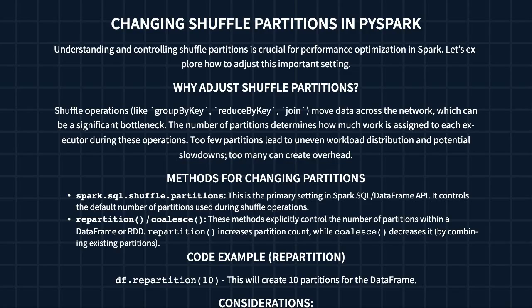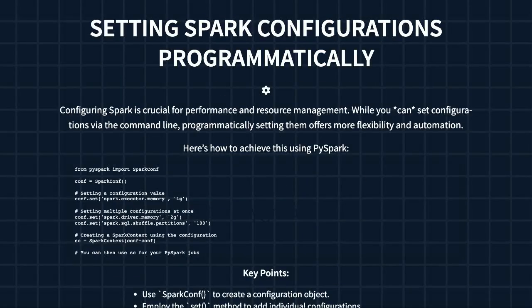Then we have methods like repartition and coalesce, which let us control the partitions within specific data frames or RDD. Repartition adds more partitions, while coalesce reduces them by combining existing ones. The sweet spot for the number of partitions depends on your cluster size and data. A good starting point is often twice the number of cores, but you'll want to experiment to find what works best.